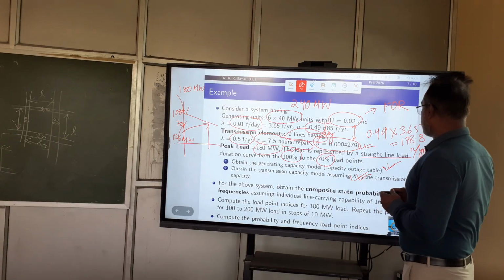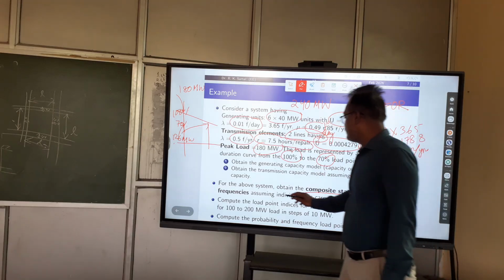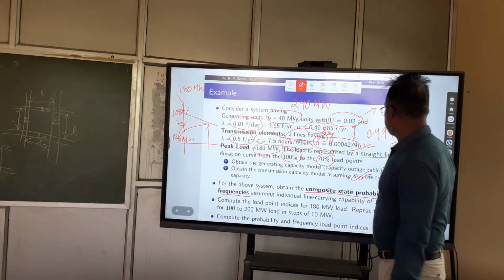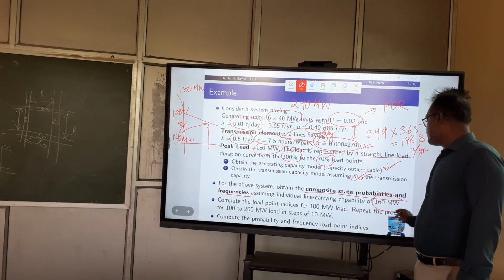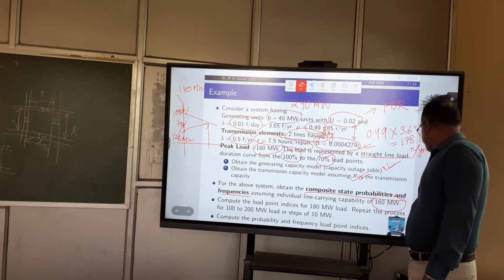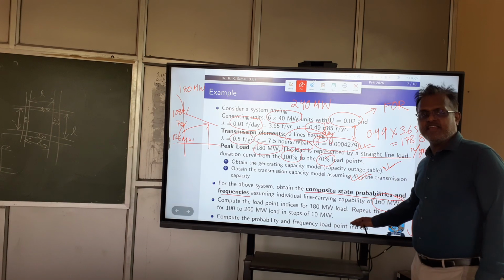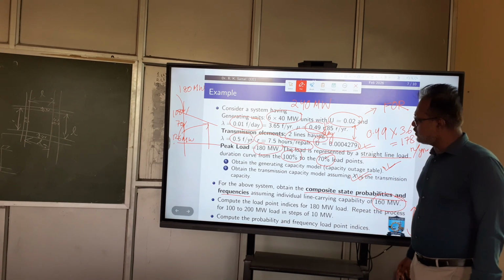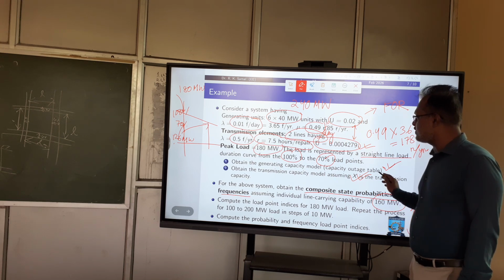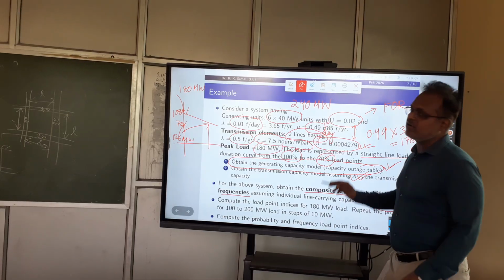For the above system, obtain the composite state probabilities and frequencies, assuming individual line carrying capacity of 160 megawatt. Compute the load point indices. So many questions are there, but we can think of these as assignments. From exam point of view, we are concerned only about obtaining the generating and transmission capacity model.